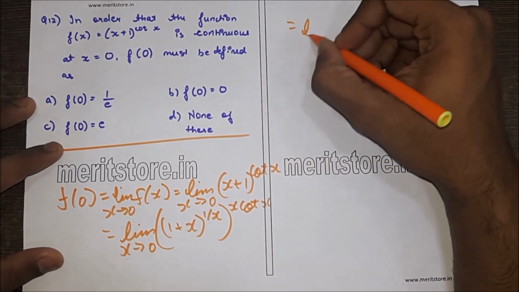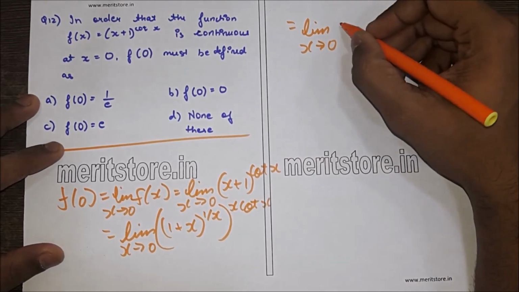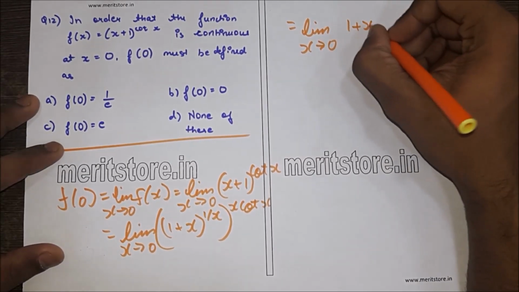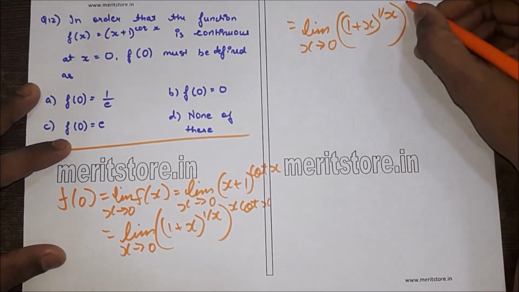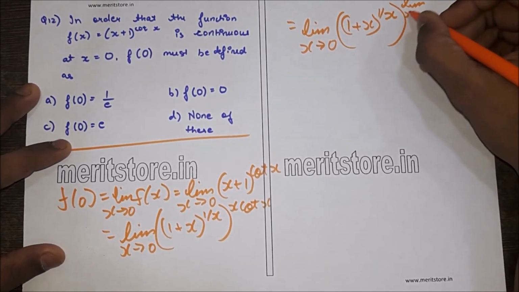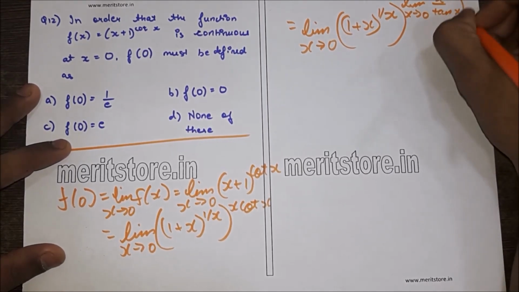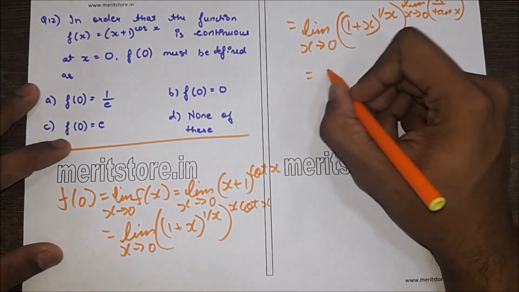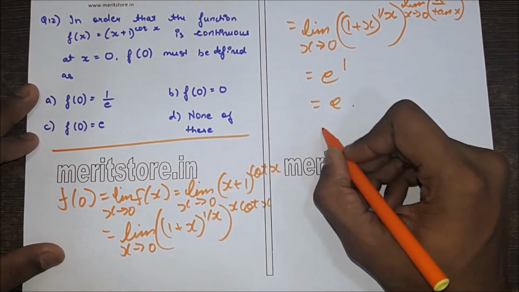So that gives us limit of x tends to 0, 1 plus x raised to 1 by x, that raised to limit of x tends to 0, x by tan x. So that could be written as e raised to 1, or e, which is option C.